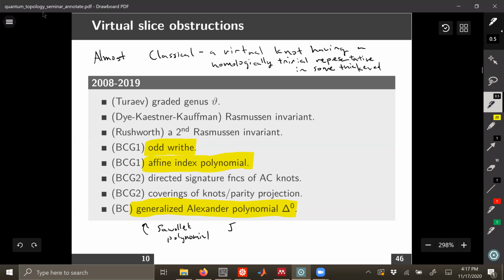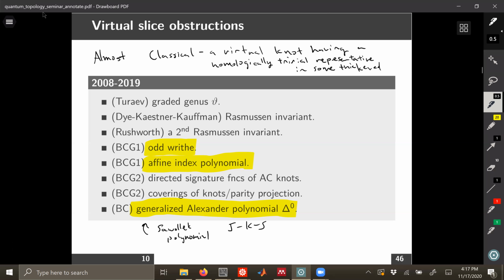It was originally discovered by Jaeger, Kauffman, and Saleur using some techniques from statistical mechanics. And then it was later given a combinatorial description by Sawollek. And there's lots of equivalent versions that appear in the literature.